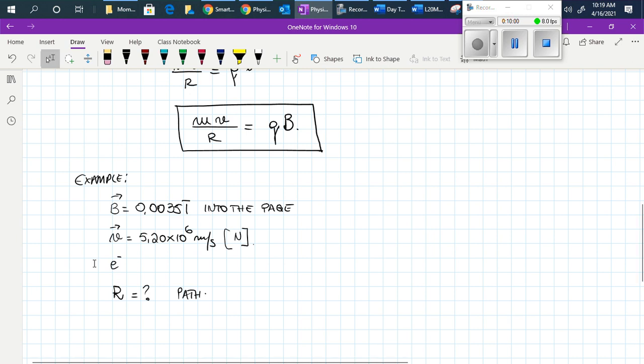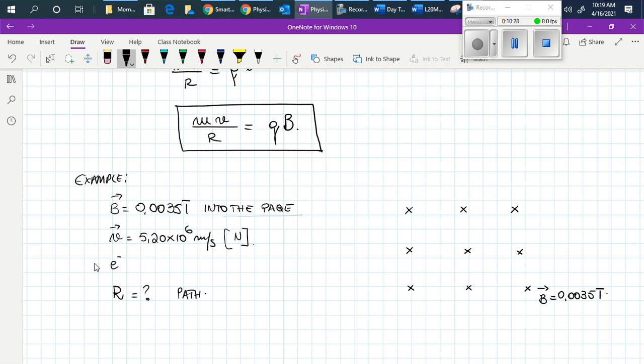Okay, so let's draw a situational diagram of this particular problem. We have a magnetic field that is into the page, and into the page means that it is represented graphically in the situational diagram with crosses. Okay, magnetic field is 0.0035 Tesla.